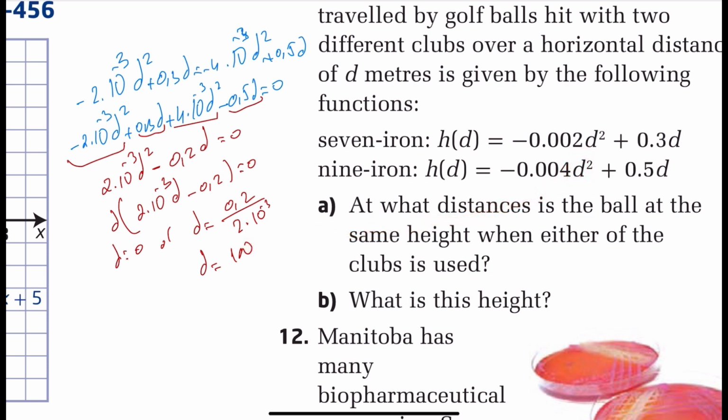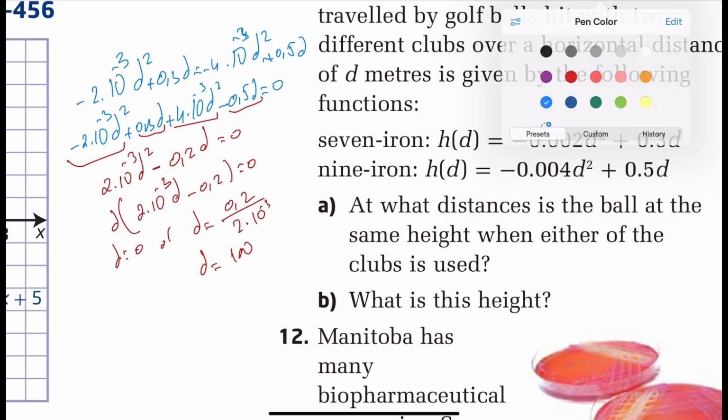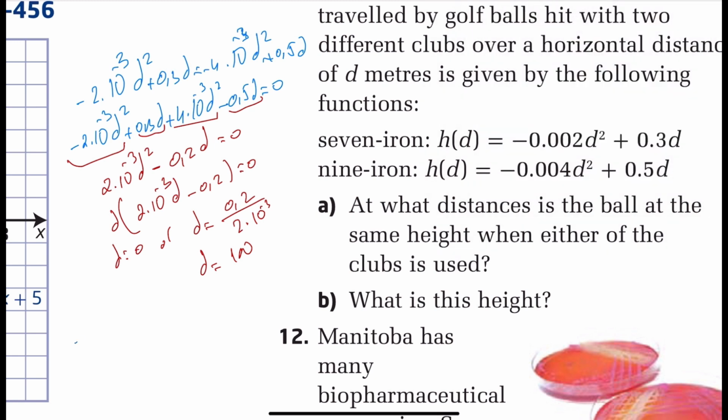Let's do that. So I will just write this. So minus 0.002 times 100 square plus 0.3 times 100, which will give me, so this is minus 20 plus 30, which is 10.